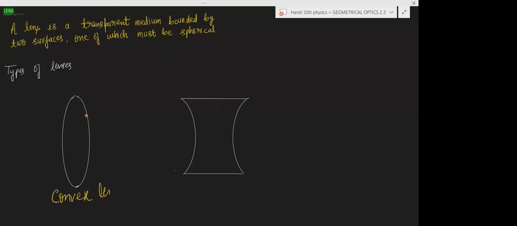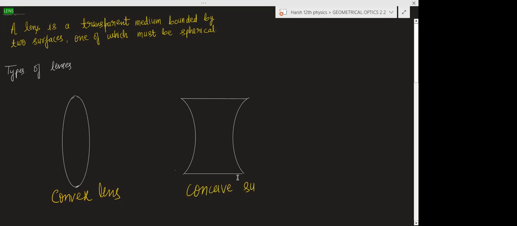And this lens is bounded by two bulging inward surfaces. Bulging inward means concave surfaces, so this lens is known as the concave lens.